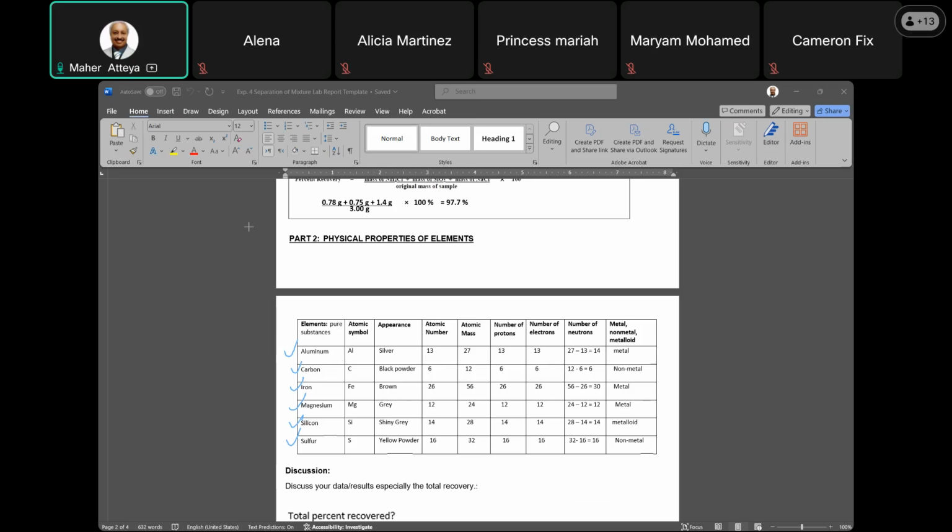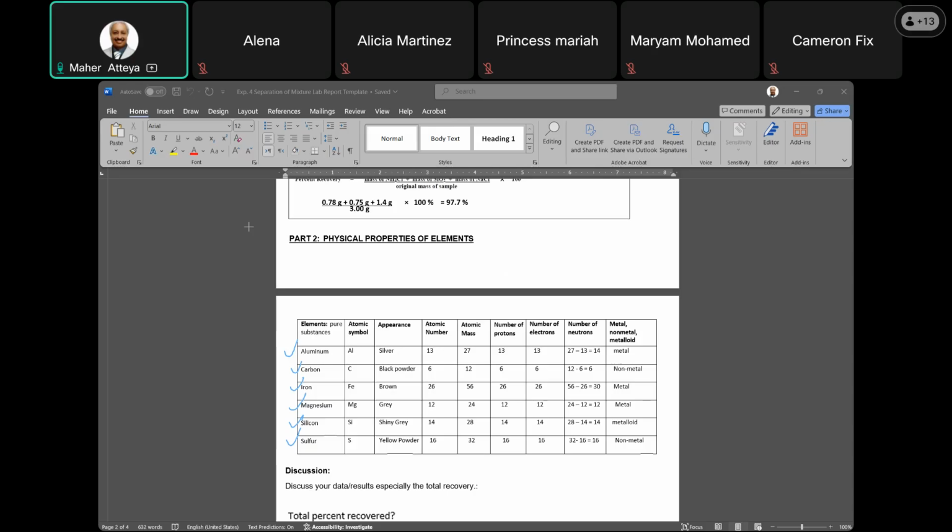So you have to look at the periodic table. You have to have the periodic table handy. Determine the symbol of each in the periodic table, and determine their appearance inside that vial. Carbon is charcoal, looks very dark black. Iron is black. Aluminum is shiny gray.